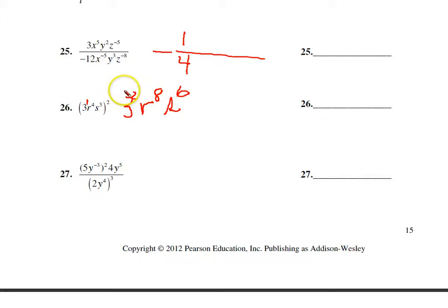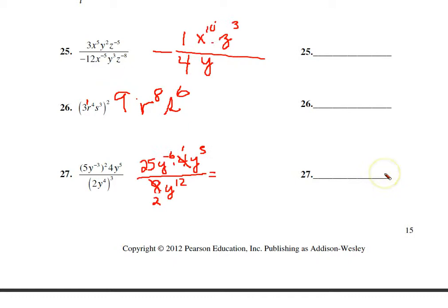And the only change then is we simplify 3 to the 2nd. This will become a 9. And let me give you a chance to figure out what's going on here.